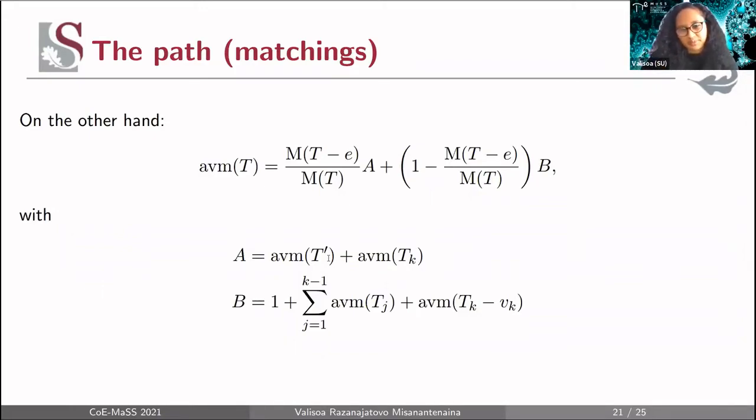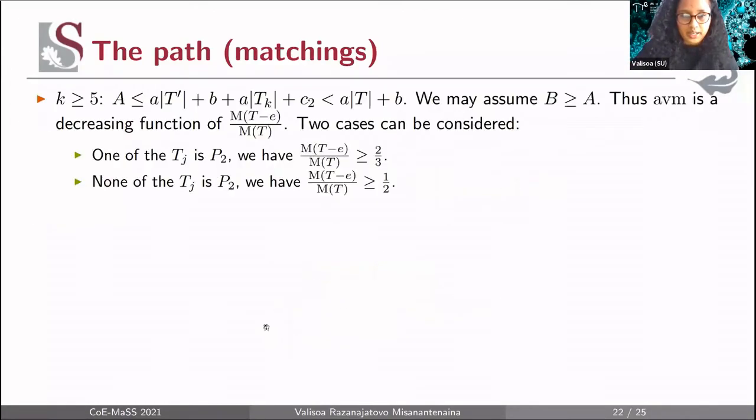So we have a times the average size of matchings of T prime plus the average size of matchings of Tk, and b is this one plus the summation of the average sizes of matchings of Tj plus the average size of matchings of Tk minus the v_k term. Again, we divide it into cases.